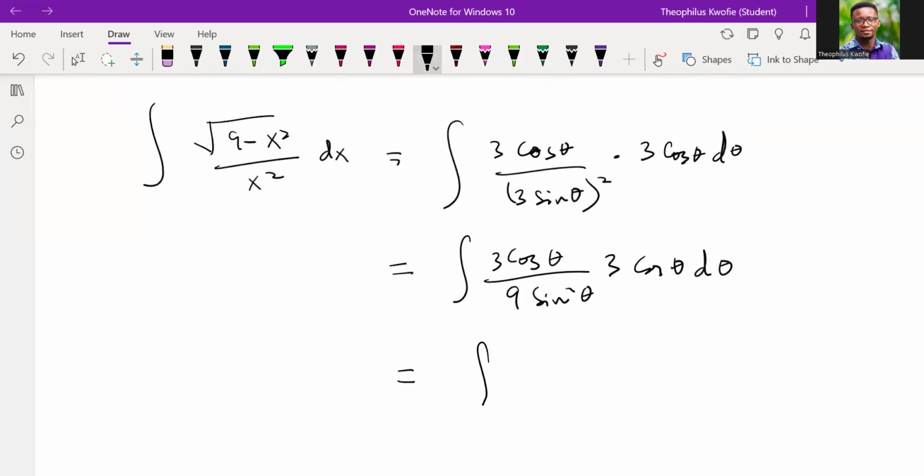All right. So now when you further simplify, we should be able to have cosine squared theta over sine squared theta d theta, okay?